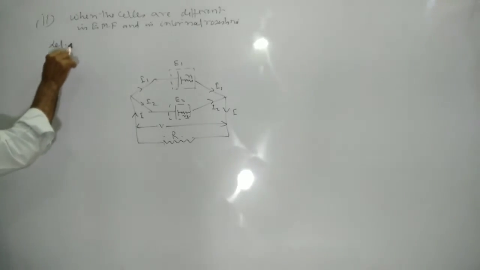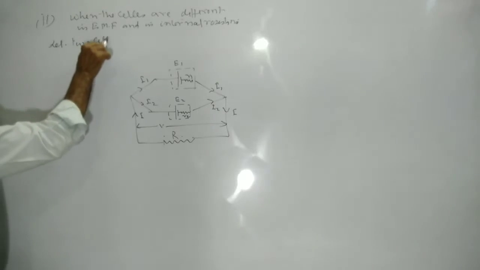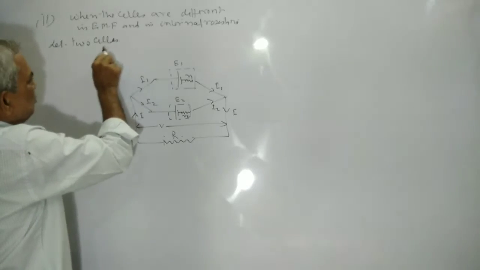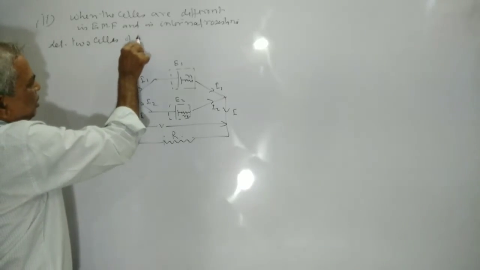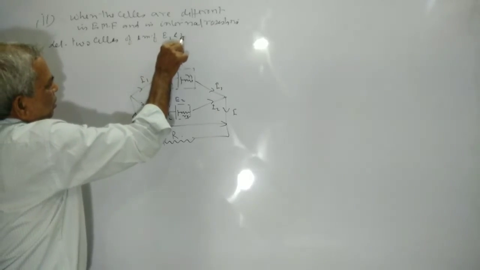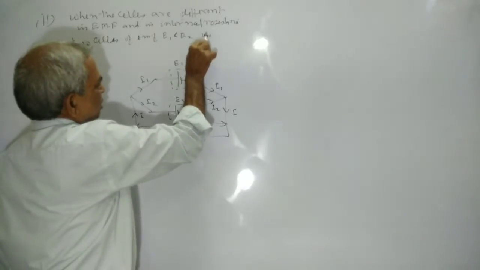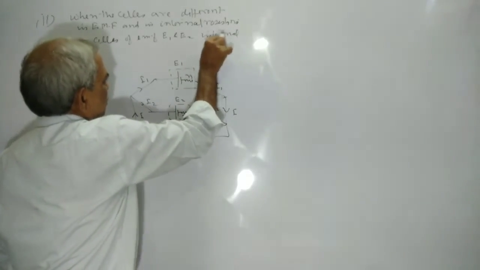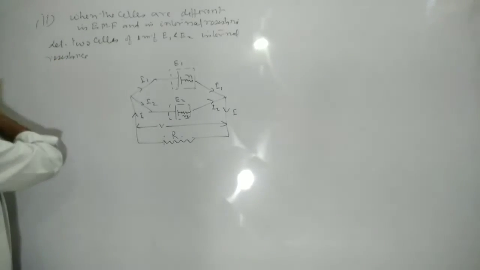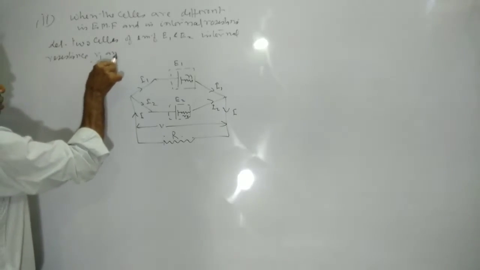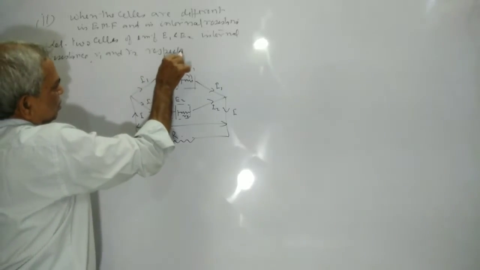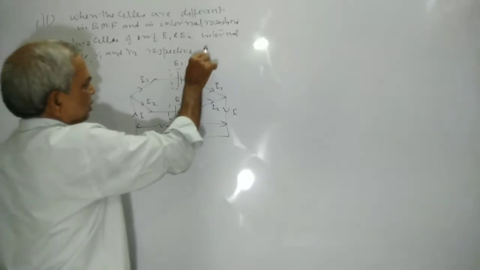Let two cells of EMF E1 and E2, internal resistance R1 and R2 respectively, be connected in parallel.